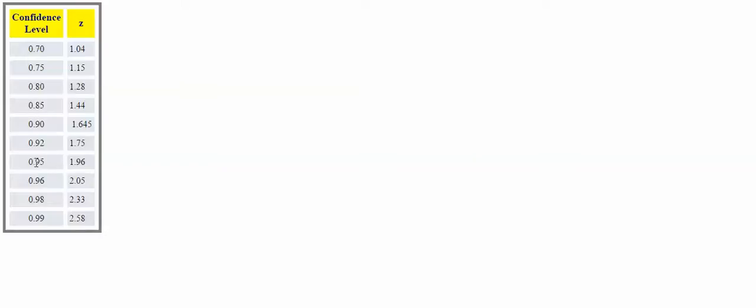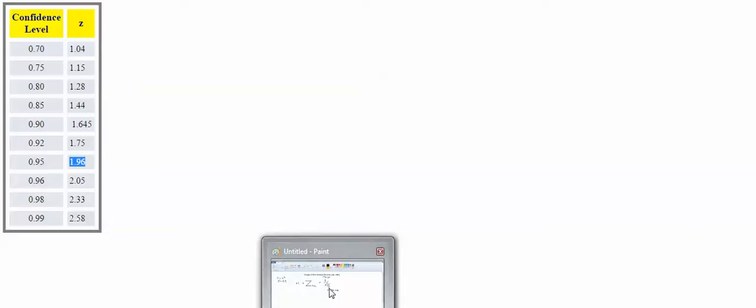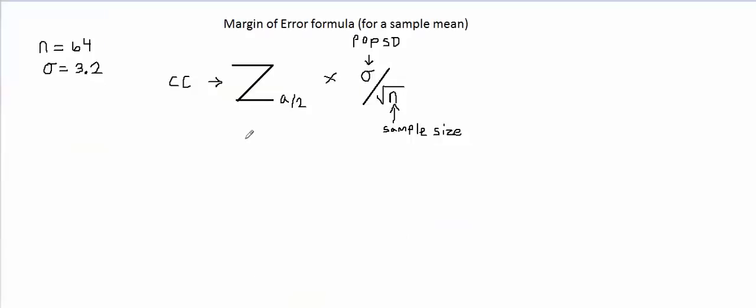And I said that I want the 95% margin of error, which is right here. If I want to calculate the 95% margin of error, then this is my confidence coefficient, 1.96. So I take 1.96 and I plug it into my formula right here, where this symbol is.